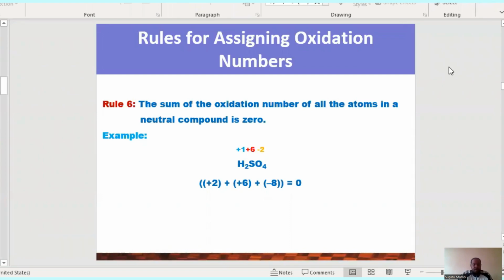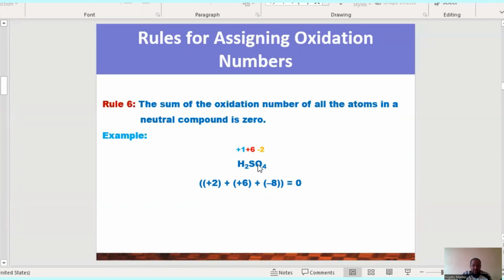Rule number 6: the sum of the oxidation numbers of all the atoms in a neutral compound is 0. For example, H2SO4 is a neutral compound. The sum of the oxidation states of each atom in sulfuric acid equals 0.